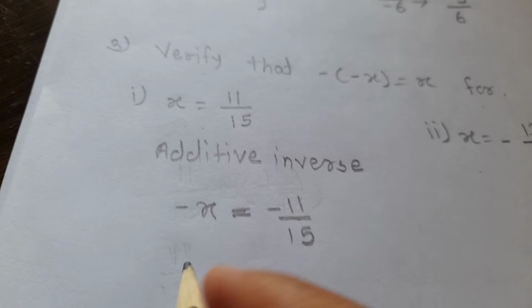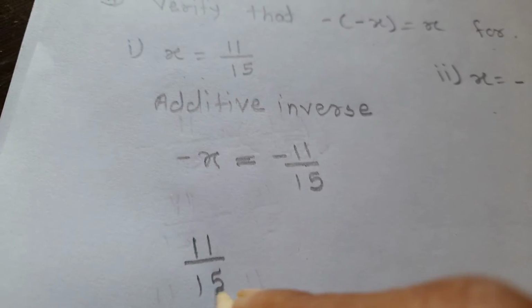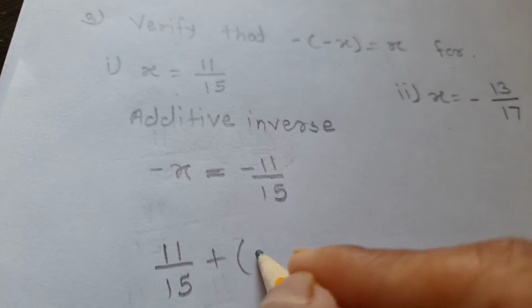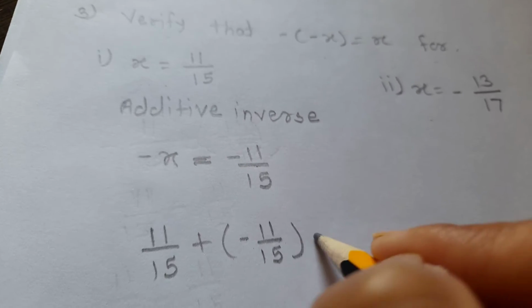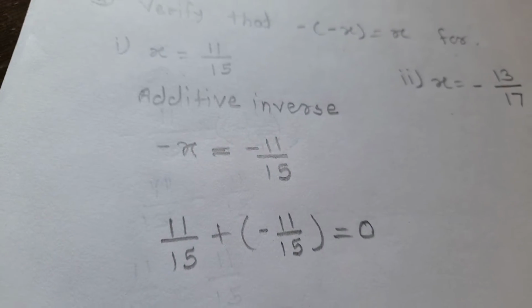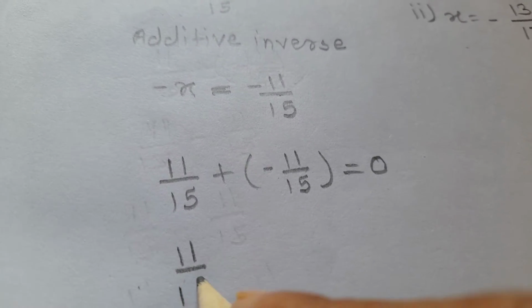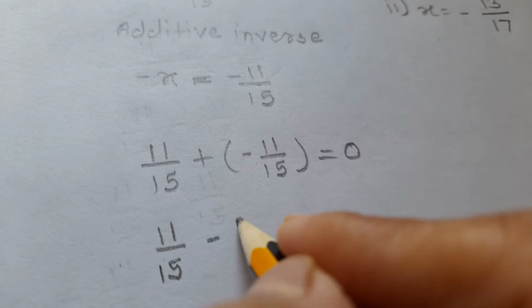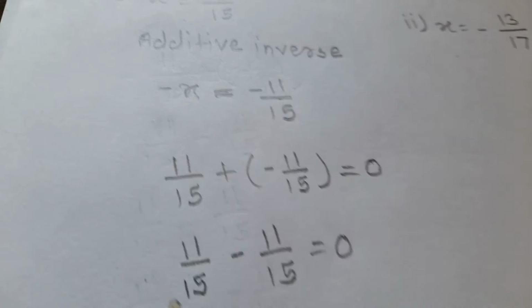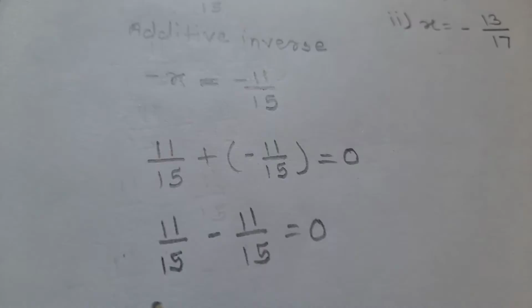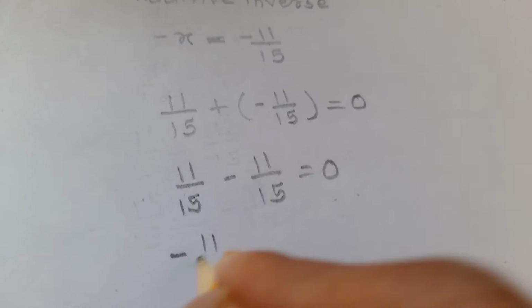We know that if we add the additive inverse to a rational number, the answer becomes 0. Therefore 11 upon 15 plus minus 11 upon 15 is equal to 0. Now we will transfer this 11 upon 15 to the other side.